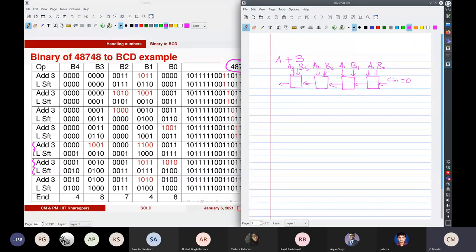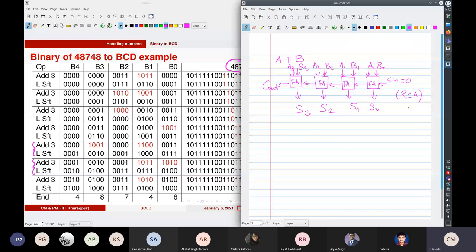So this is how you add, right? The outputs are F0, 1, 2, 3, and these are all full adders. This is how you add two 4-bit numbers using a ripple carry adder.